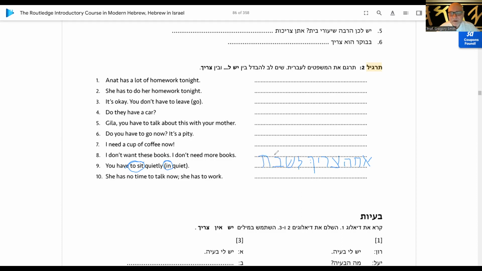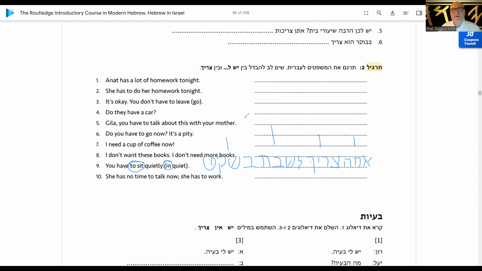Okay, atazarik lashevet, and then basheket, which is in quiet. So atazarik lashevet basheket. So you need to sit in quiet.